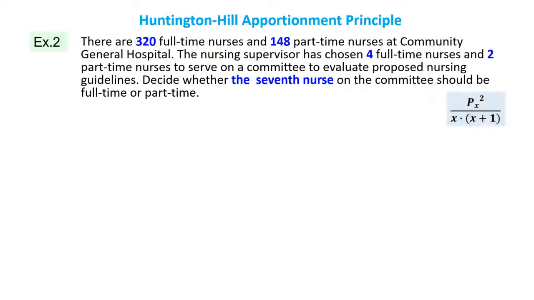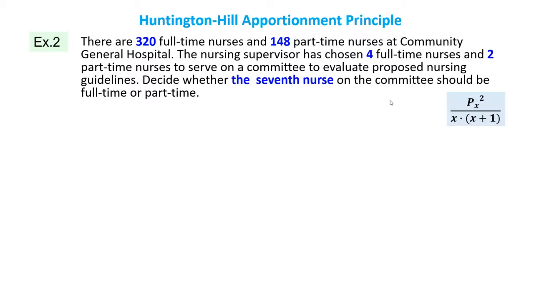So let us apply the method not to the states, but the nurse community at General Hospital. Suppose that there are 330 full-time nurses and 148 part-time nurses, and we know the present representation: the nursing supervisor has chosen 4 full-time nurses and 2 part-time nurses to serve in a committee to evaluate proposed nursing guidelines.